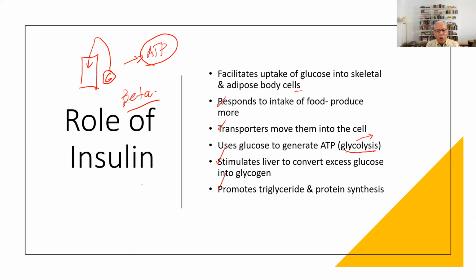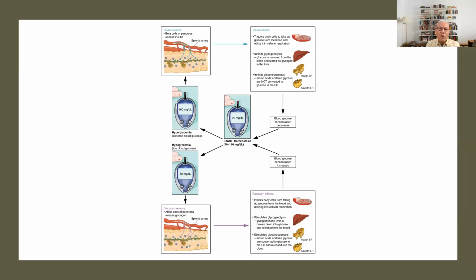So when blood glucose levels decrease, further insulin release is inhibited. Now, this chart describes exactly how the body regulates blood glucose levels. So let's take a look.